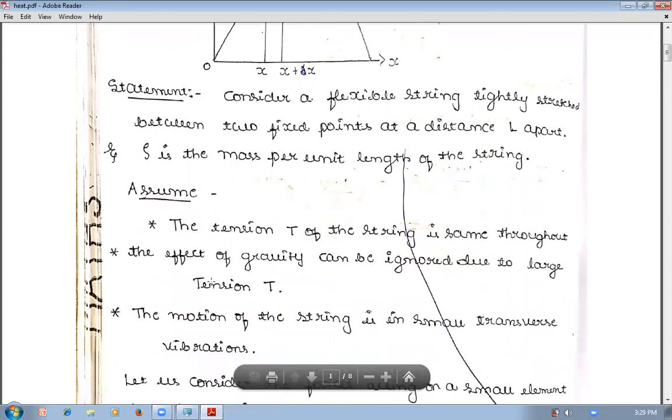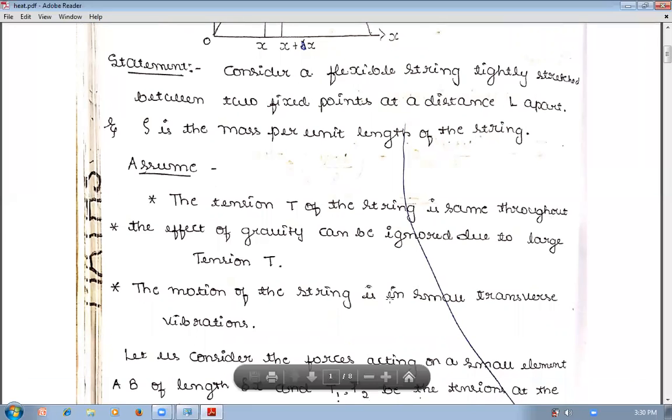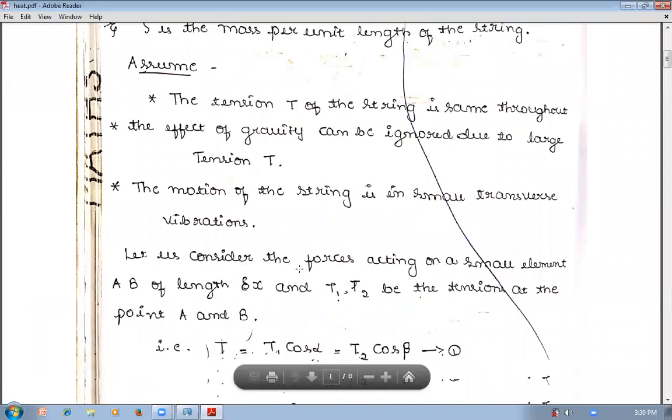Take assumptions. First, the tension T of the string is the same throughout. The effect of gravity can be ignored due to large tension T, and the motion of the string is in small transverse vibrations.